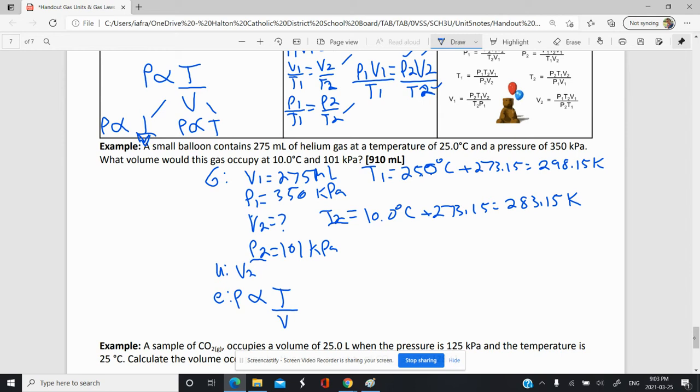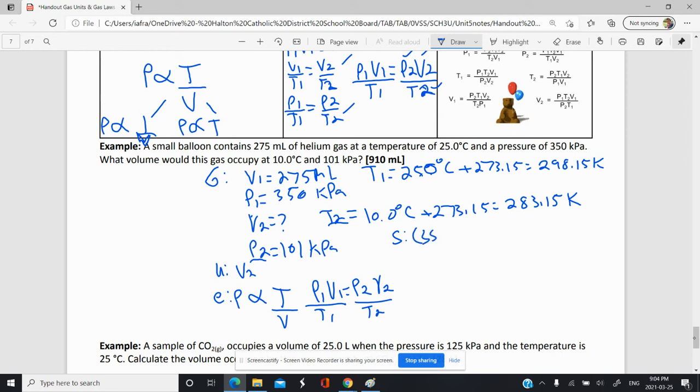So what we're going to do is write out P1 V1 over T1 is equal to P2 V2 over T2, and plug in our information. So we have our P1, V1, and T1.